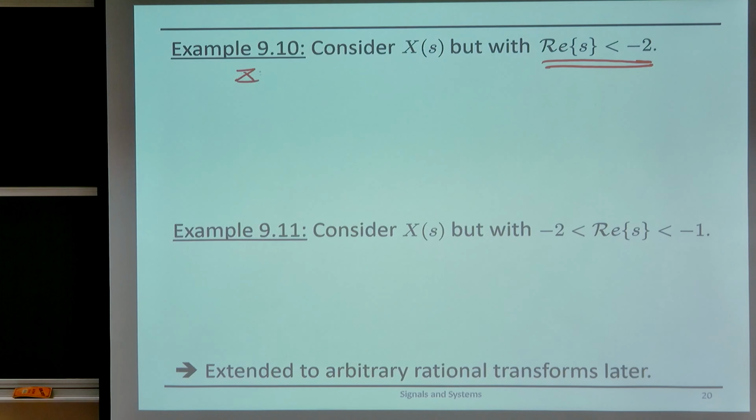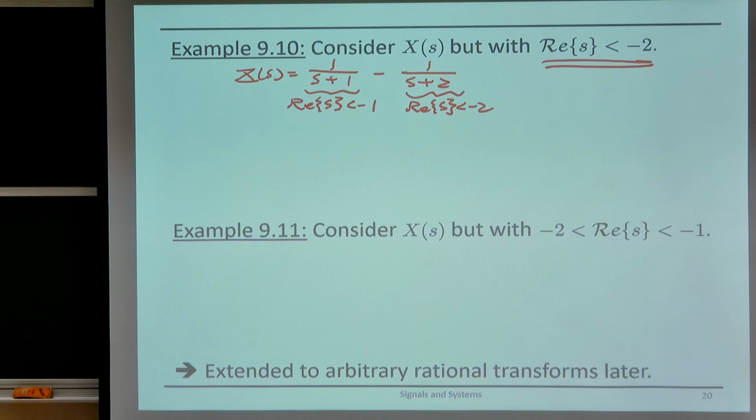This means that when you split into two terms, this first term must have a region of convergence that is less than minus 1, and this part should have a region of convergence that is less than minus 2.